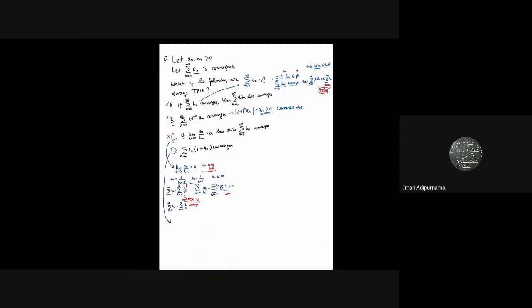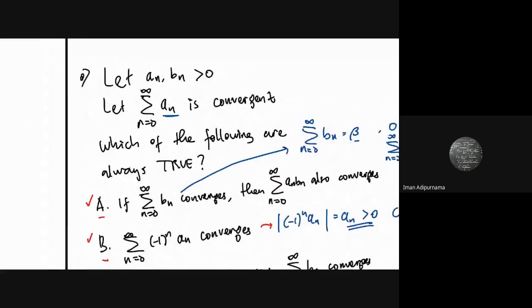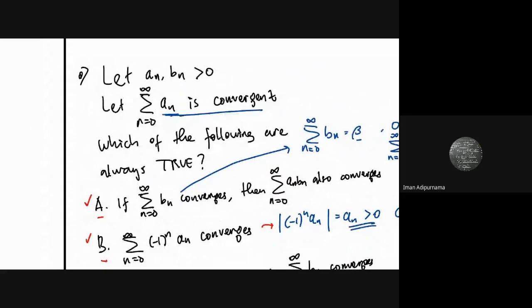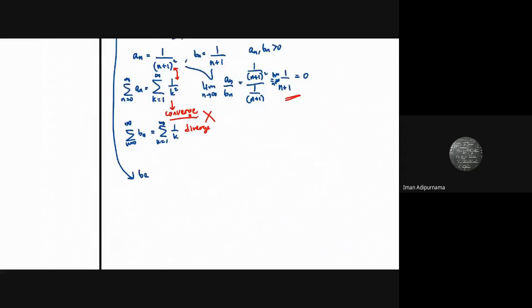Because in the question, it says that AN is convergent. Okay, so that's the first thing. AN is convergent, which means because AN converges, then the limit of AN should be 0.